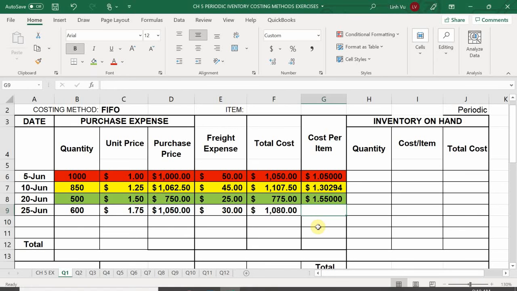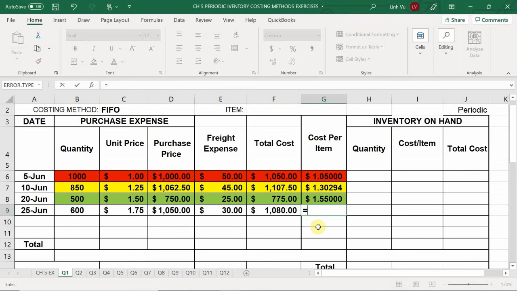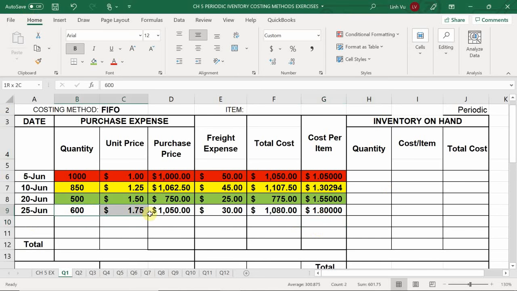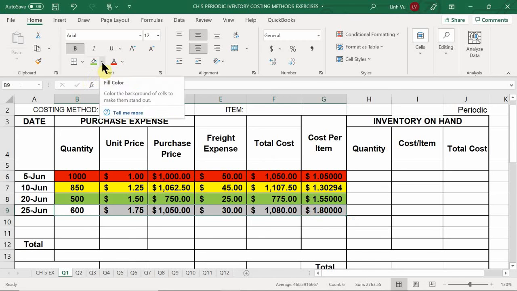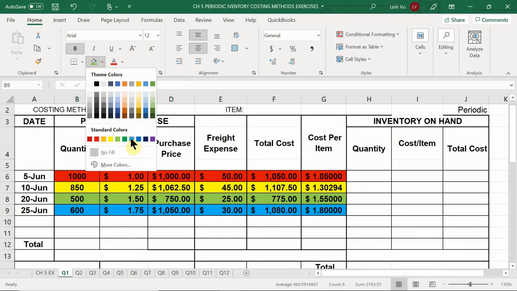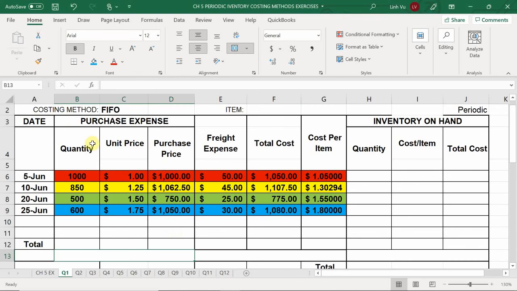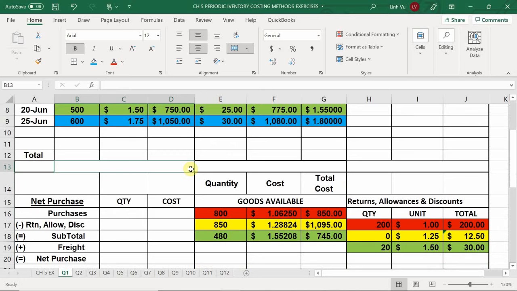So then what's going to be my cost per item here? $1.80. $1.80. So now I'm going to go ahead and make this blue, okay, so we can see it. Okay, so now let's go ahead and see what happened next.